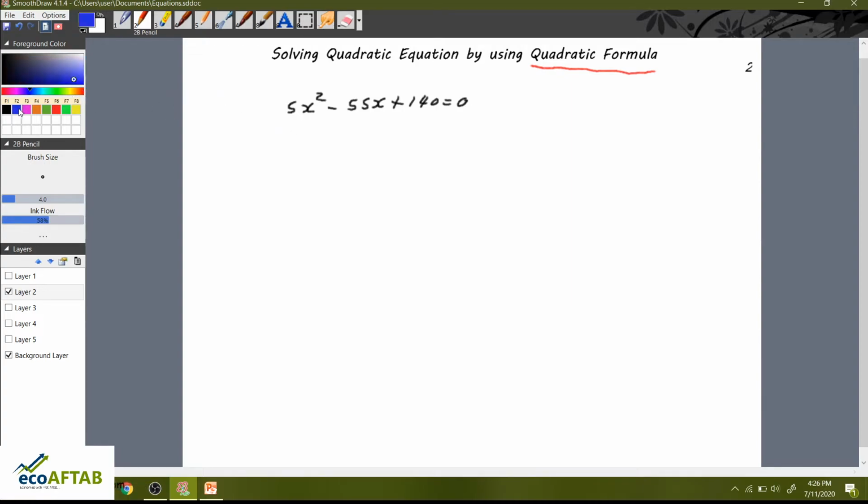So we shall see what is the formula of a quadratic equation. So here the formula of a quadratic equation is x is equal to minus b plus or minus square root of b square minus 4ac, the whole divided by 2a.